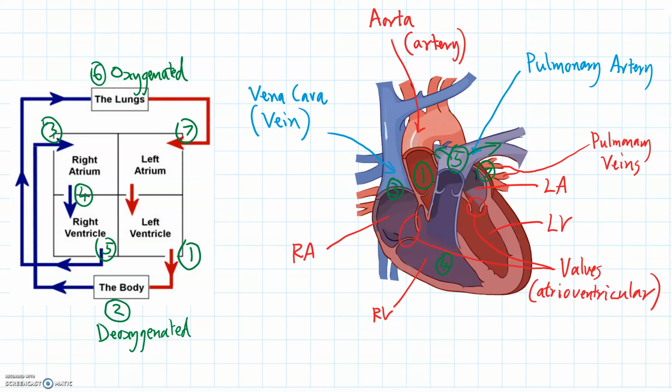So we're here. And then the left atrium contracts, pushes the blood down to the left ventricle, which is here at step 8. And then the left ventricle contracts at the same time as the other ventricle and pushes all that blood back out through the aorta, and we're back to the beginning again.